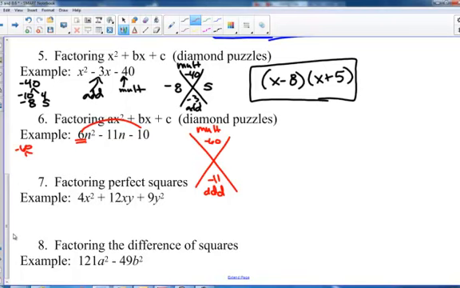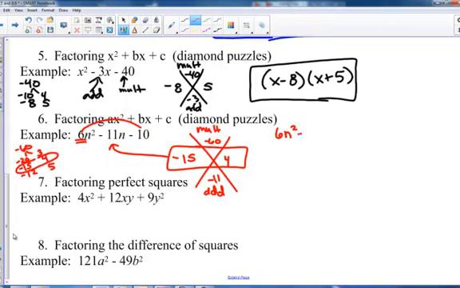So, well, let's just start writing our factors. 3 and negative 20. 4 and negative 15, 5 and negative 12. 4 and negative 15 add to give negative 11, so we're done. So negative 15 and 4. Okay, now we took this and we substituted right there, and we factored by grouping. That was one way to do it.